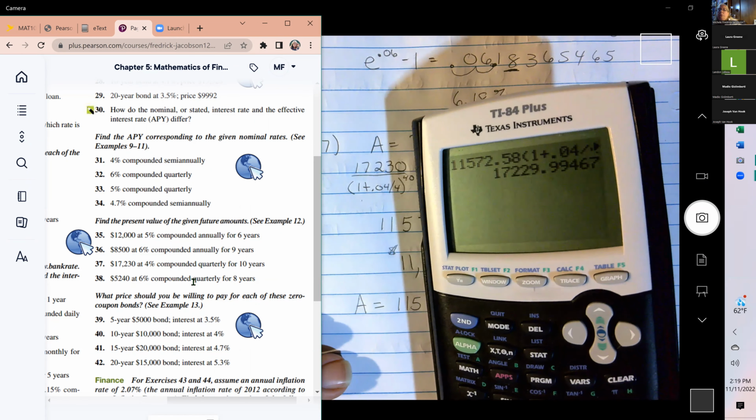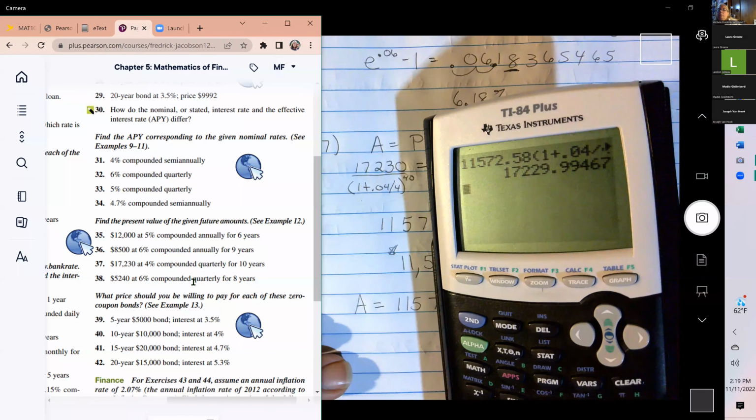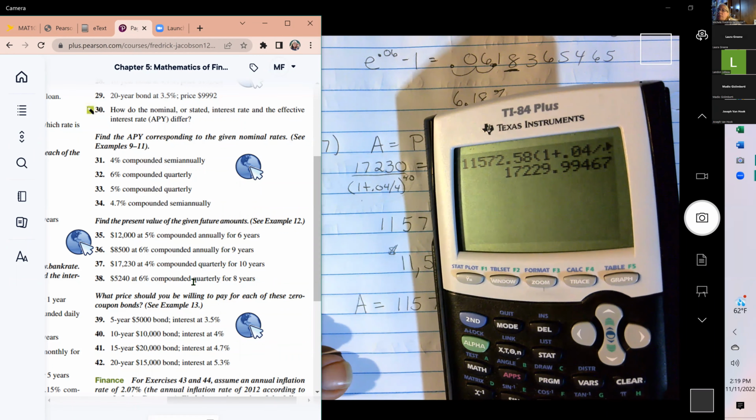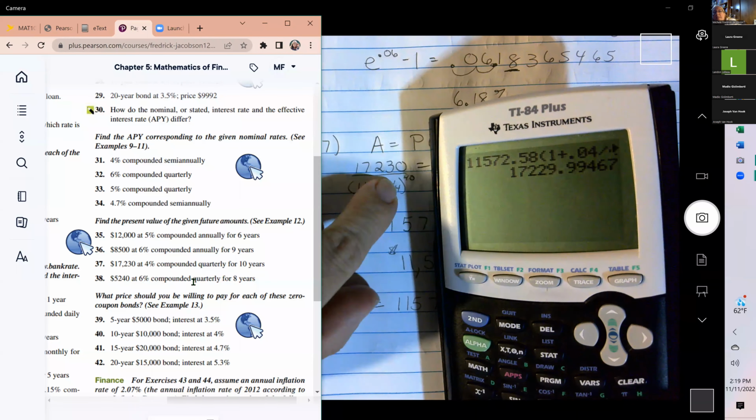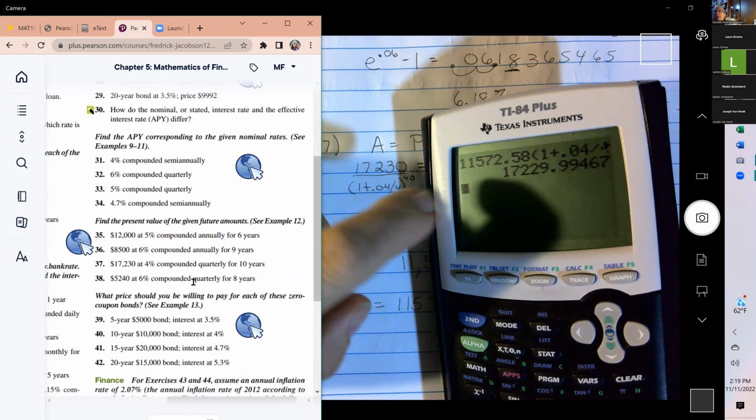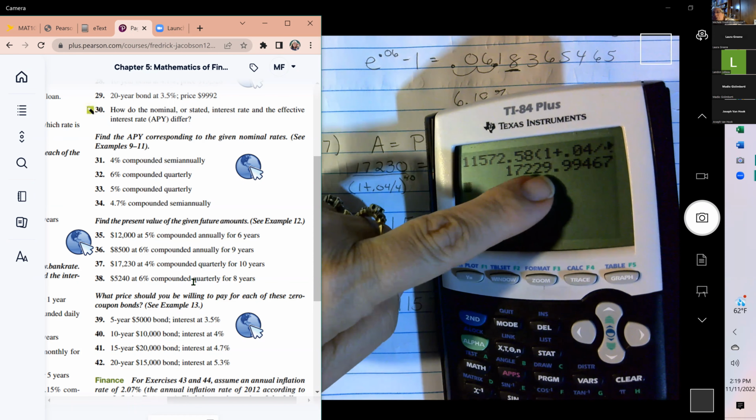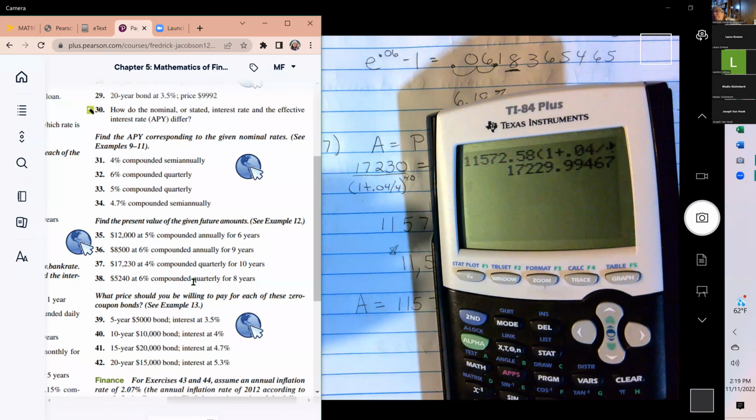We come a little short. Not much. A penny, but it's short. So we're supposed to get 17,230. We got $17,229.99.